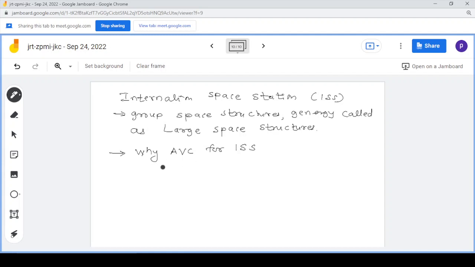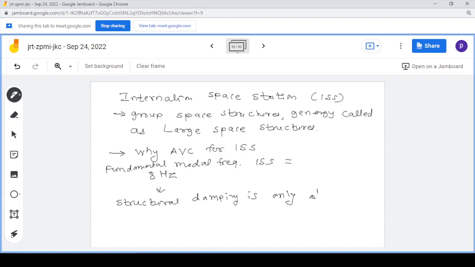Why active vibration control for the International Space Station? The fundamental modal frequency of the ISS is around 8 Hz, and the corresponding structural damping is only about 0.358%.